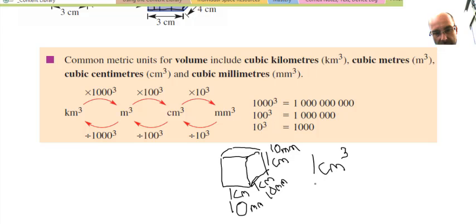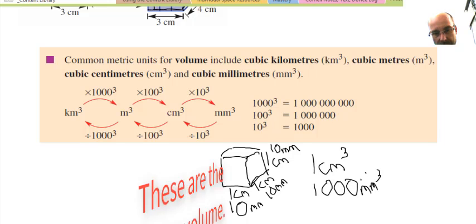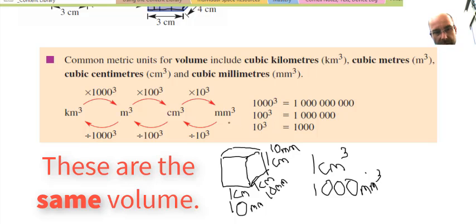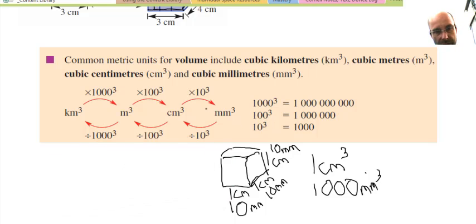That would be 10 times 10 times 10, which is 1,000 millimetres cubed. So there's a factor of 1,000 when we're looking at the same volume in centimetres cubed compared to millimetres cubed.